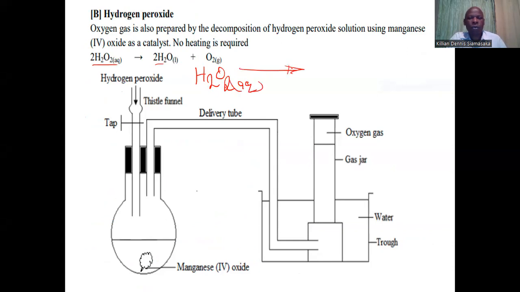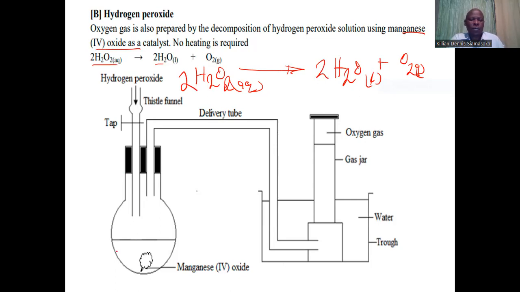When it is decomposed using a catalyst, manganese(IV) oxide, you produce water, which is the liquid, plus oxygen, which is the gas, and you can balance the equation.